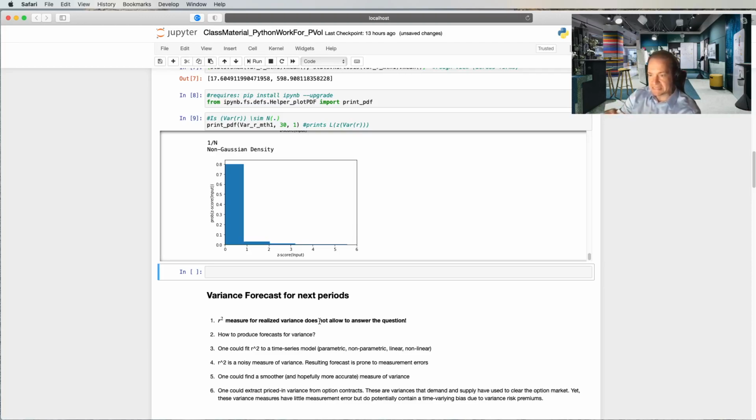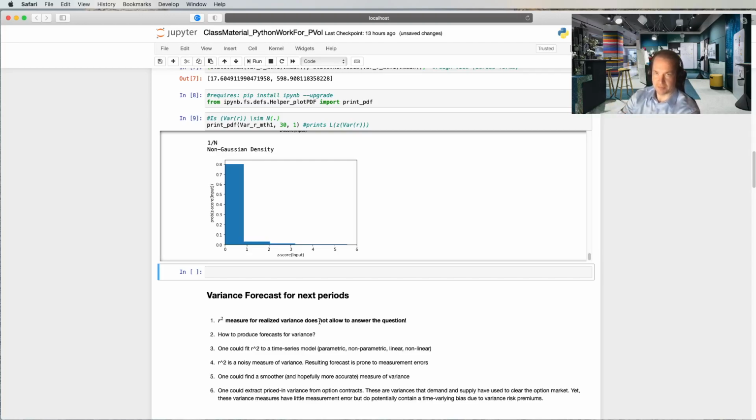Because what do you need to make a forecast? Either what you extract is already a forecast, or if you just have today's variance, you need somehow to put that into something that gives you a forecast.